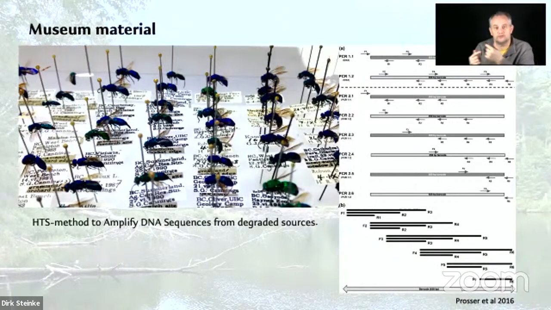With next generation or high throughput sequencing, we had the amount of fragments we needed, and now we can do that on a regular basis. People are sending us museum material regularly, and we go through them and obtain DNA barcodes from the best possible specimen, a type, which is ideal for whatever reference you're going to build.